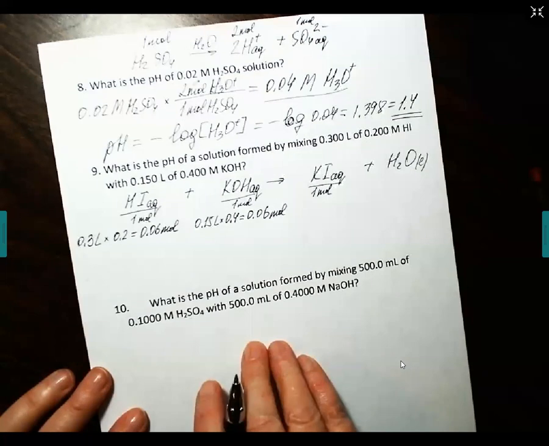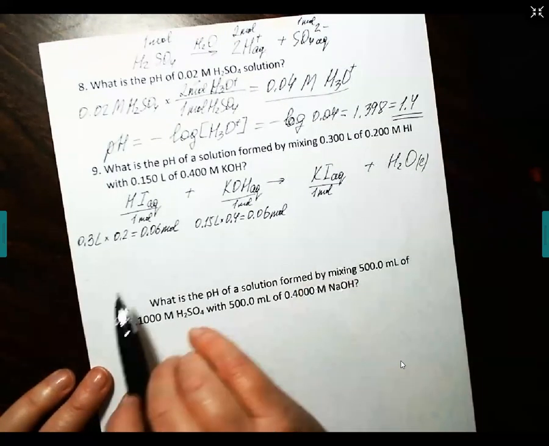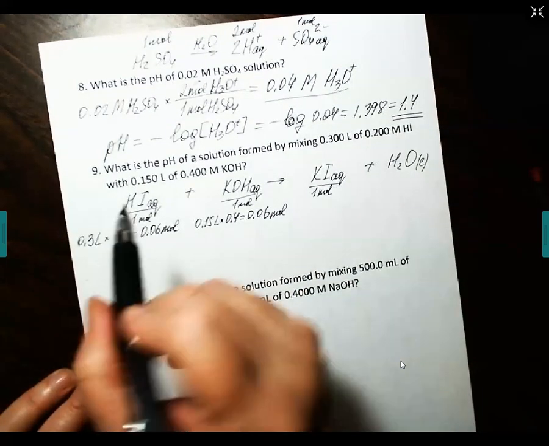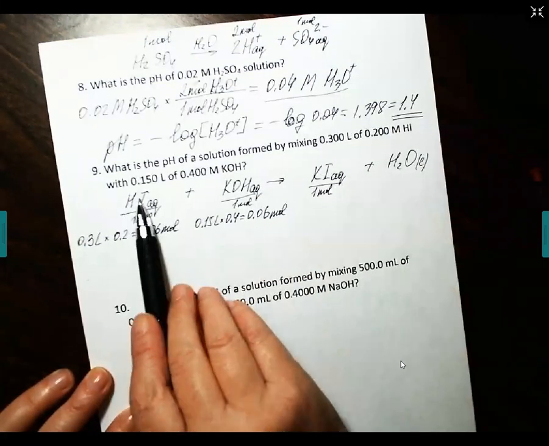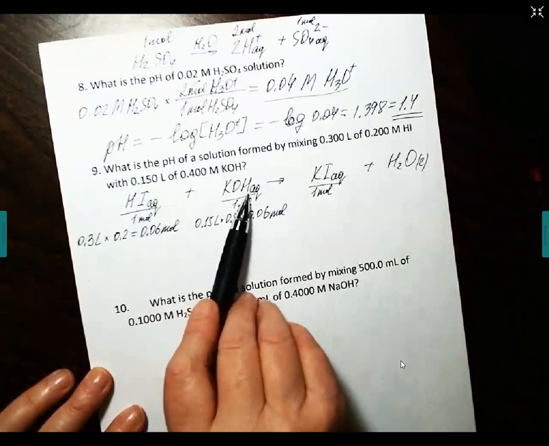And what does it mean? It means we don't have a limiting reactant. They will both react completely. So the acid will be completely neutralized by the base.